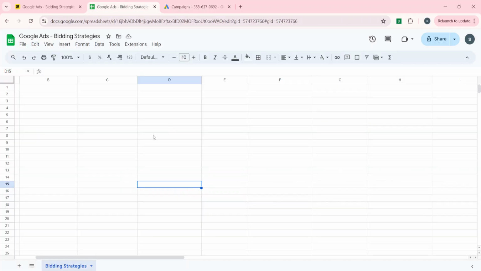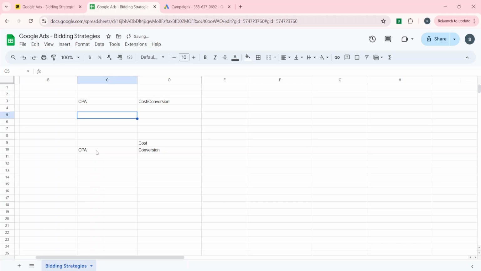So let's go with the formula. What is the formula for CPA? The formula for CPA is cost by conversion, cost per conversion.